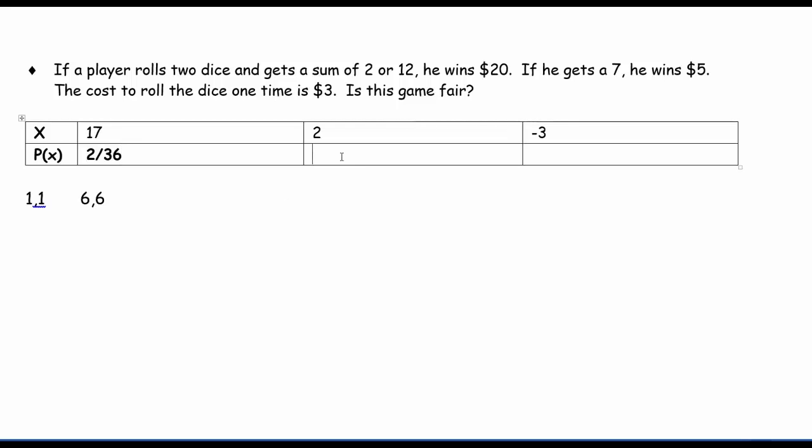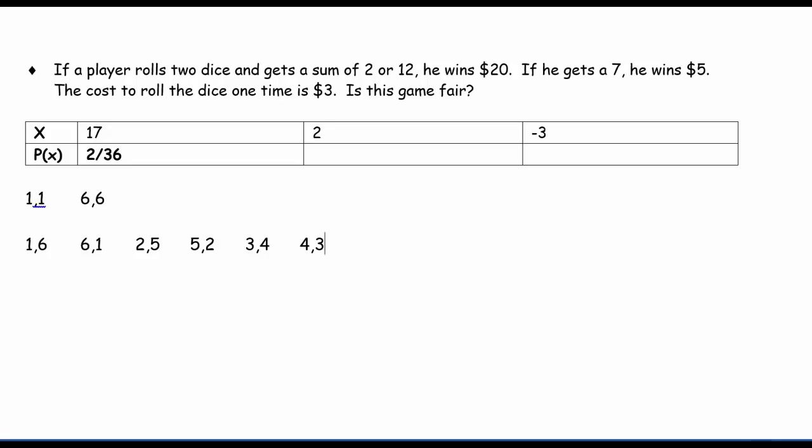Now, for the 7, you have to think: what are the different ways we can get a 7? Well, there's 1 and 6, or 6 and 1. 2 and 5, or 5 and 2. And then 3 and 4, or 4 and 3.